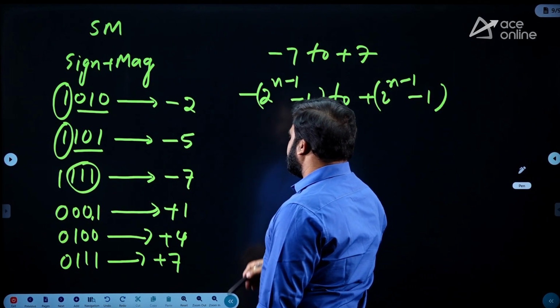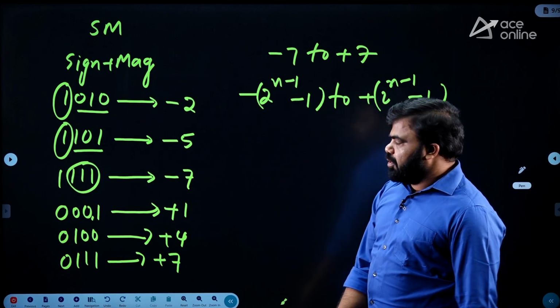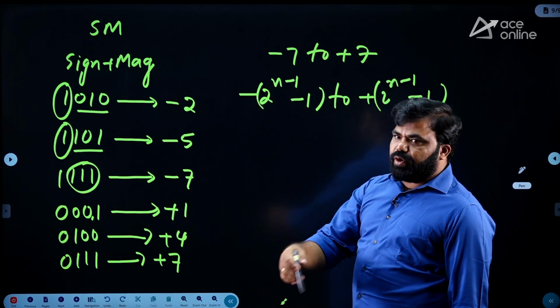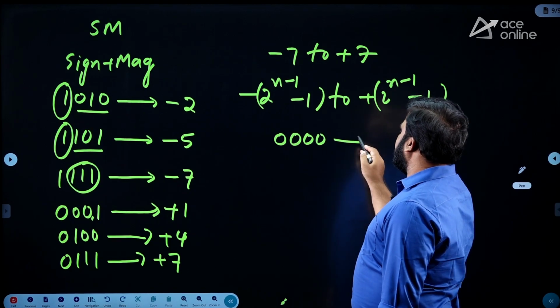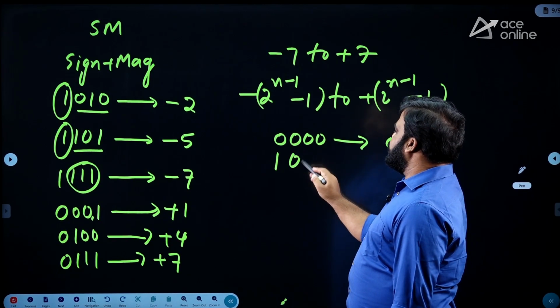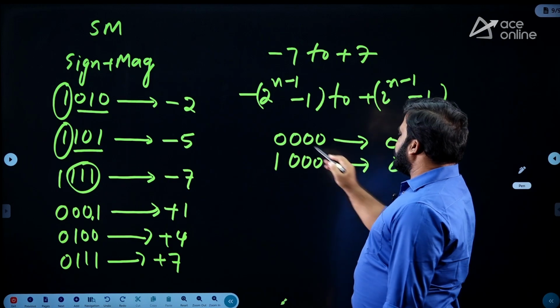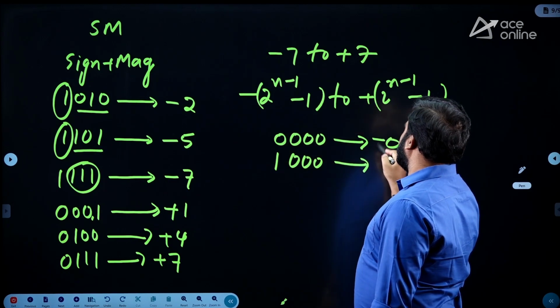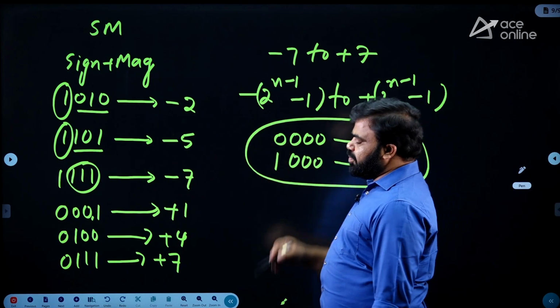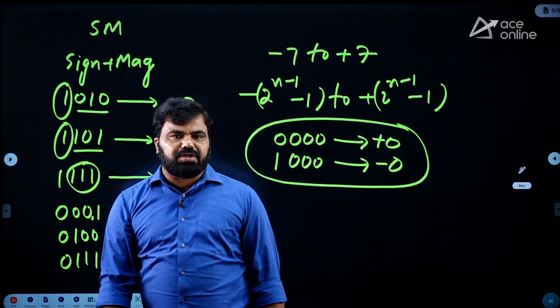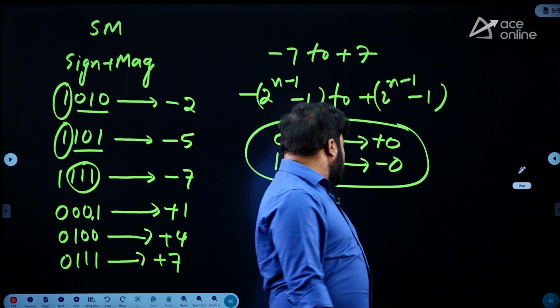And coming to the drawback of this: if I say 0000, it is 0. 1000 is also 0. To differentiate these two, we say it is plus 0 and minus 0. In reality, we don't have plus 0 and minus 0, but in this representation it says we have plus 0 and minus 0.